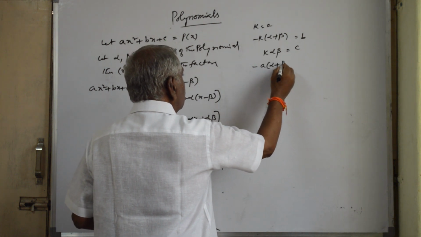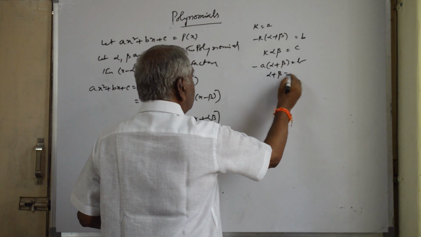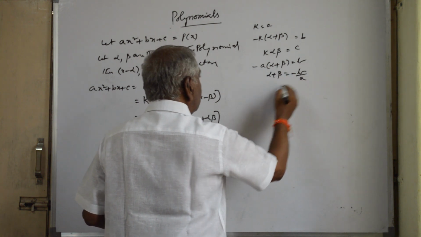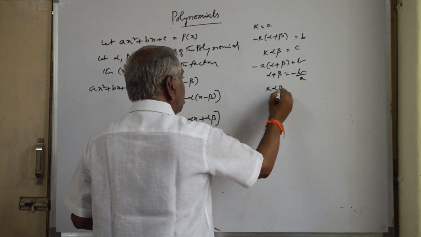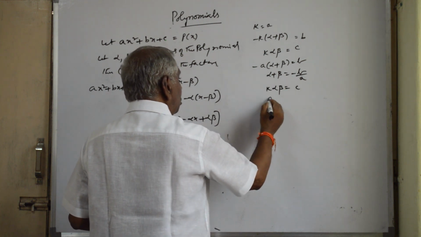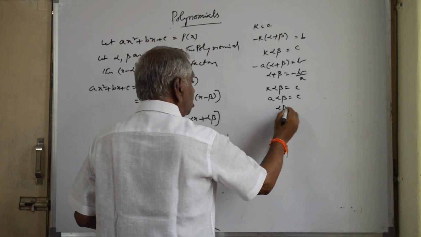Now, when k is equal to a, minus a into alpha plus beta is equal to b, or alpha plus beta is equal to minus b by a. And similarly, k into alpha beta is equal to c. When k is equal to a, a into alpha beta is equal to c, so alpha beta is equal to c by a.